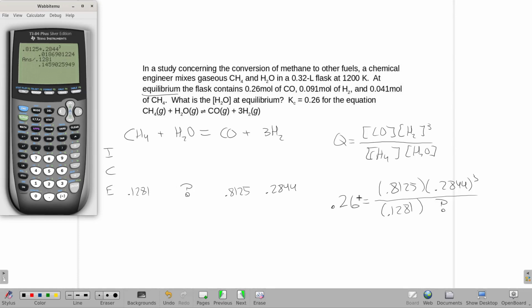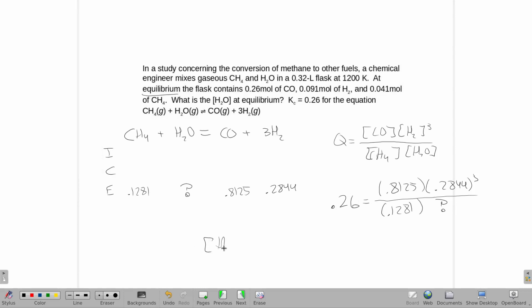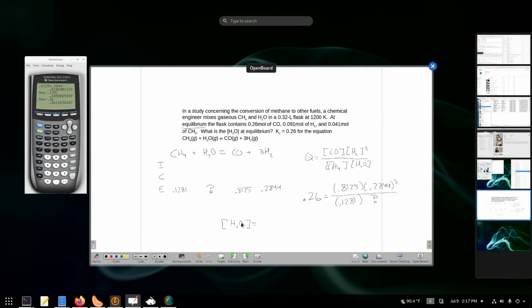Now, I'm going to do that nice little identity where I can swap these two, so I'm going to divide this by 0.26. And that value right there is my missing concentration. My H looks terrible. What is that? 0.56.